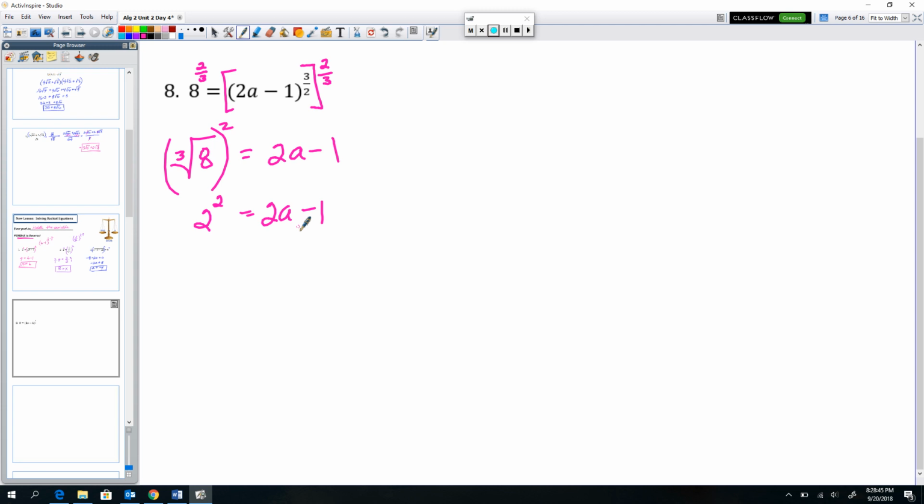So 4, and I'm going to add 1 to both sides. So 4 plus 1 is 5. And then I'm going to divide by 2. That's my solution. A is 5 halves. If you plug 5 halves in for a in the original equation in black here, you will get a true statement. And I encourage you to always try that.